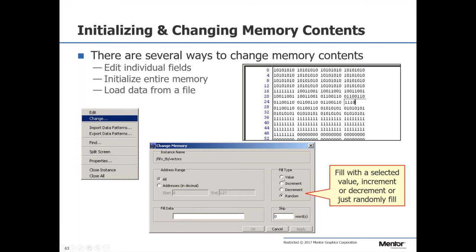Or I could put the value 55 in every location, skipping every other one. That would put 55 in all the even numbered addresses. Then I could go back and start at address number 1 and put AA, skipping every one, and that would put AA in all the odd locations. So I effectively just put a checkerboard pattern in my memory.